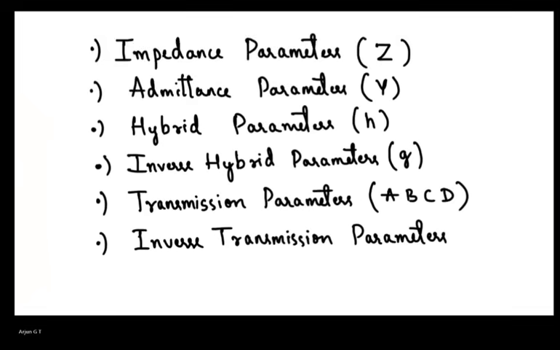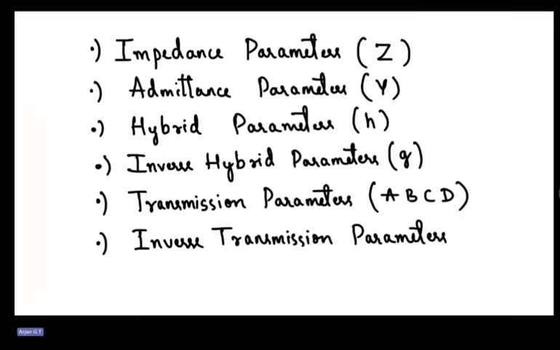As I told, in a two-port network we have four variables. Among the four variables there are six possible ways of selecting two independent variables out of four: impedance parameters, admittance parameters, hybrid parameters, inverse hybrid parameters, transmission parameters, and inverse transmission parameters.